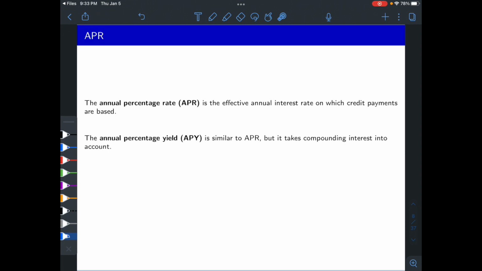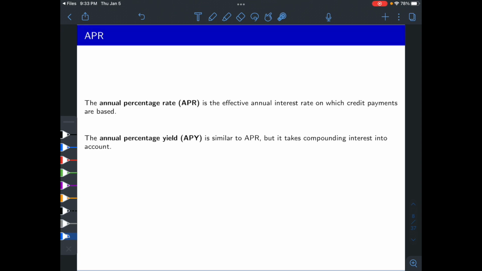So like APY, if you're not making any payments on your loans, you can think of the APY as how much interest would actually accrue on it.